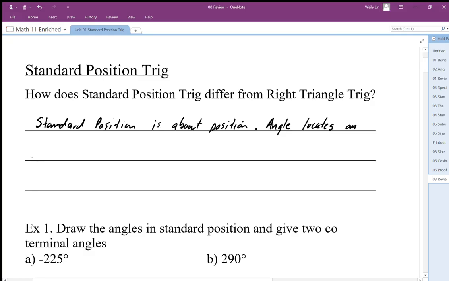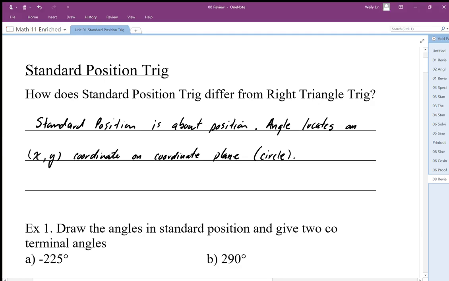It locates an x, y coordinate on the coordinate plane. And we usually place that on the circle.